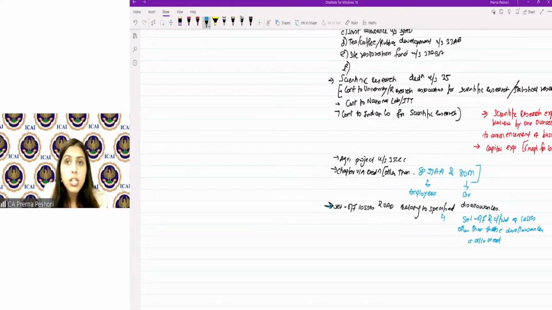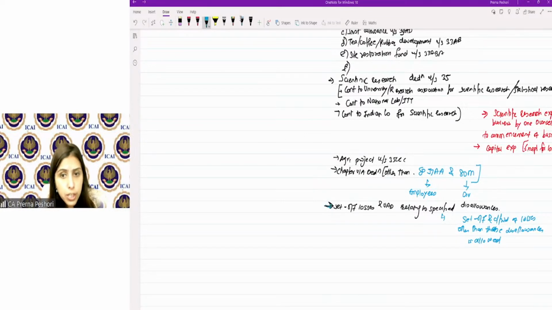Under the individual, you have to exercise the option of going as per the rates given in the Finance Act. But here, you have to exercise the option to go for 115BAB. If you do not exercise the option, you can go with the 30% rate or 25% rate, whichever may be applicable to you. So this is different from the individuals in that manner.